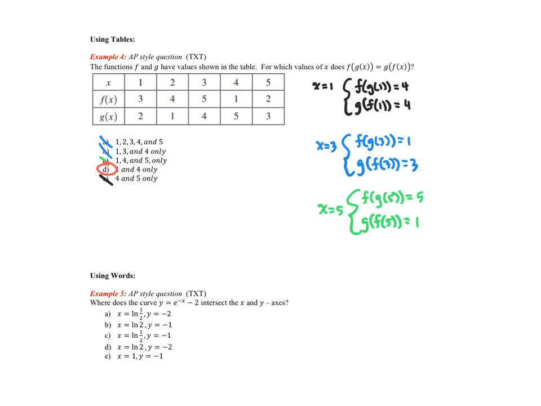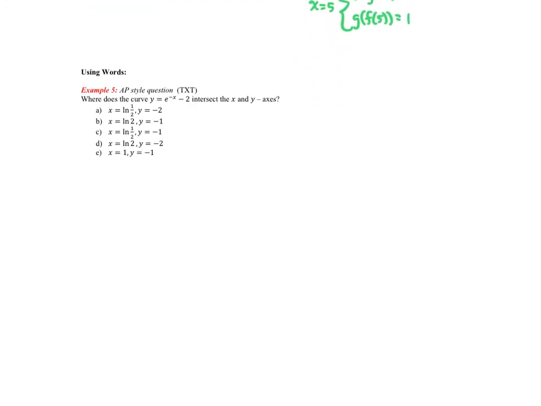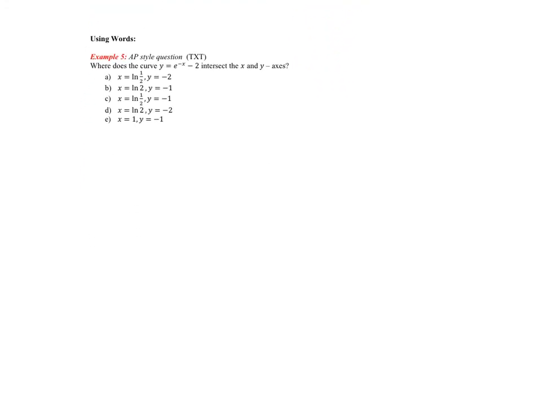Let's look at the last example here where we talk specifically about x and y intercepts. All right, so if I want to know where the curve y equals e to the negative x minus 2 intersects the x-axis, so that would be an x-intercept, I want to know what value satisfies the following. I want to know where y equals 0.